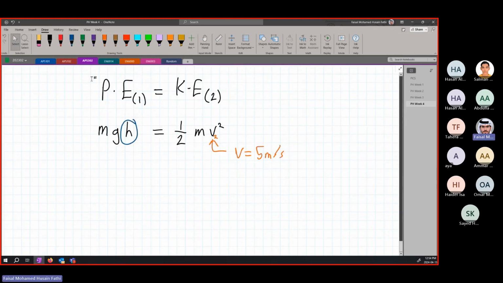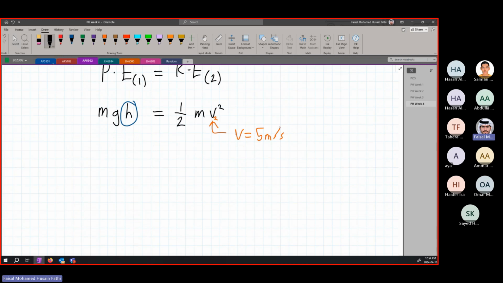Let us now try to find the height, h. Again, transposing from math. This is good to practice your math again. So how can we have h by itself on the left? We have to divide both sides by mg, sorry, and divide by mg on this side as well. So we are going to see that mg and mg will cancel over here. And if you notice on the right side, the m will cancel with the m as well.